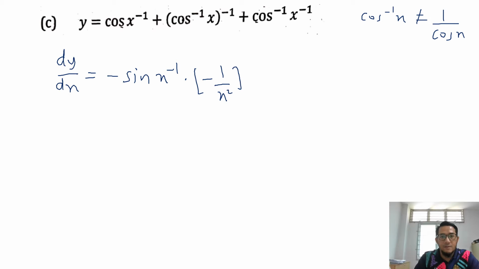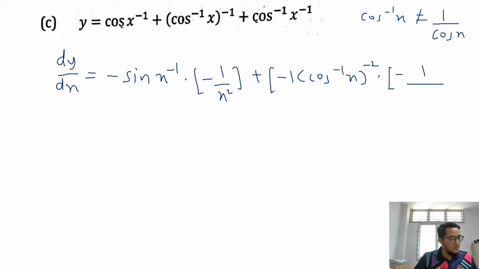Plus, and then we have cos inverse x power of negative 1. Again we apply chain rule. So negative 1 times cos inverse x power of negative 2, and then differentiate cos inverse x, we shall get negative 1 over square root of 1 minus x squared.